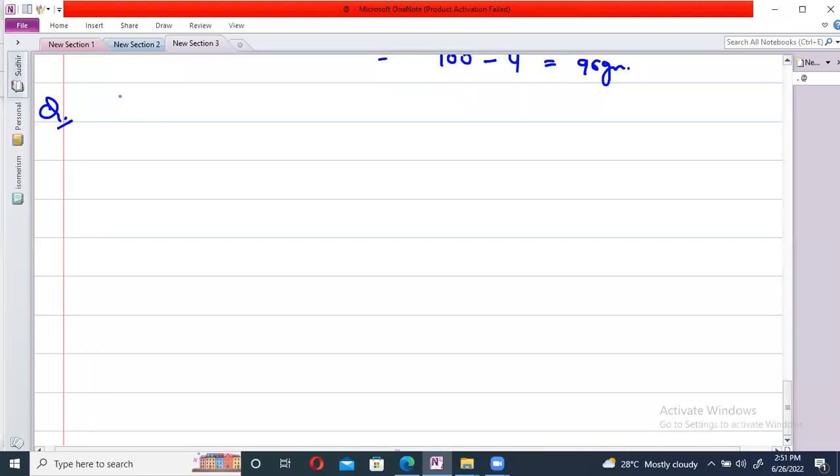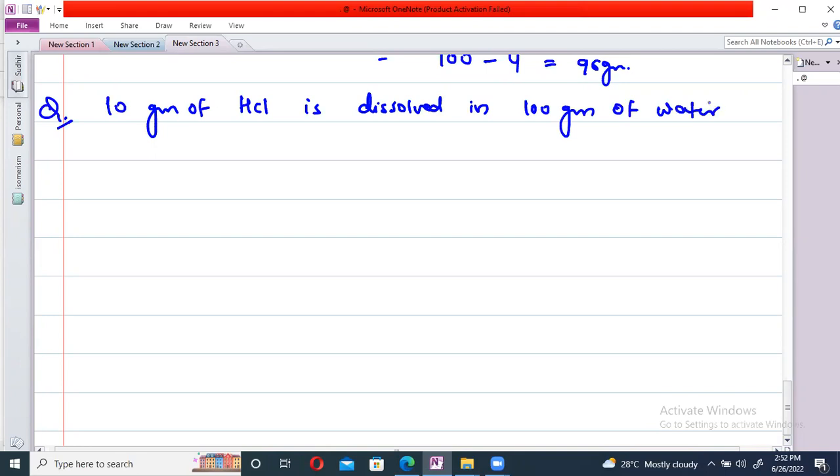Sir, we are having 10 gram of HCl, that is solute, dissolved in 100 gram of water. Calculate W by W percentage.